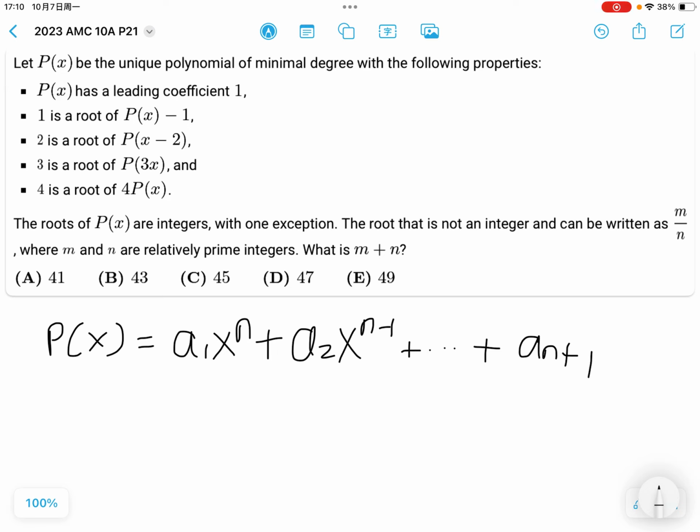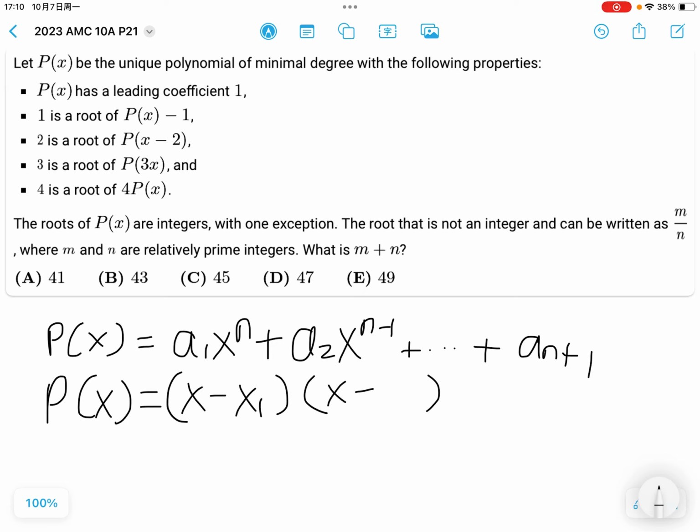Another way is a factorization format. It's just a product, and each factor is x minus one of its roots. So let's say its roots are x1, x2, x3, etc.